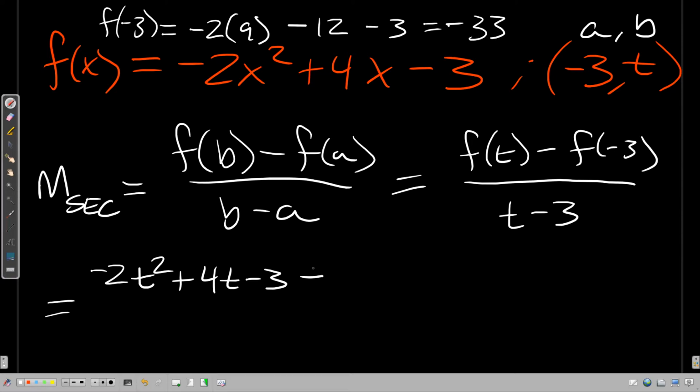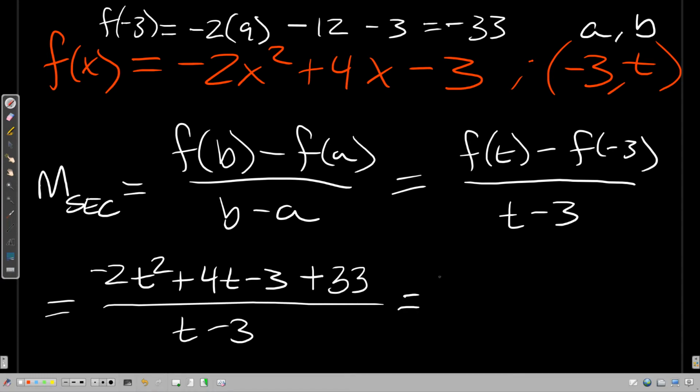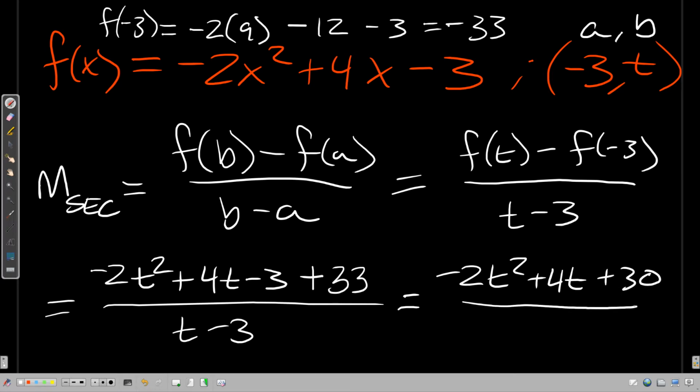Now f of -3 is minus 33, so here I would have to add 33 because it's minus a negative. And then that's all over t minus 3. All right, great. Minus 2t squared plus 4t, and then plus 30 over t minus 3.